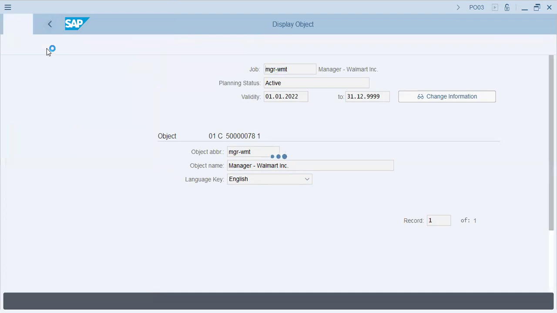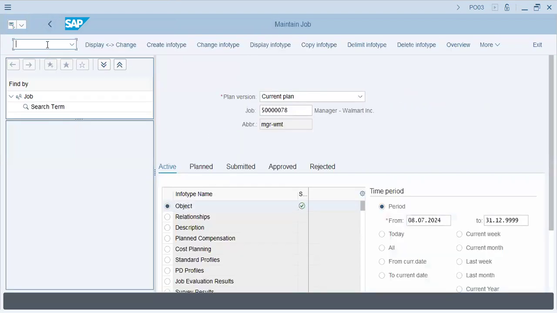PO03. Okay. Because the description is still not maintained, we'll have to maintain it. We'll do that later. We've seen PO03. Now we'll see PO13.